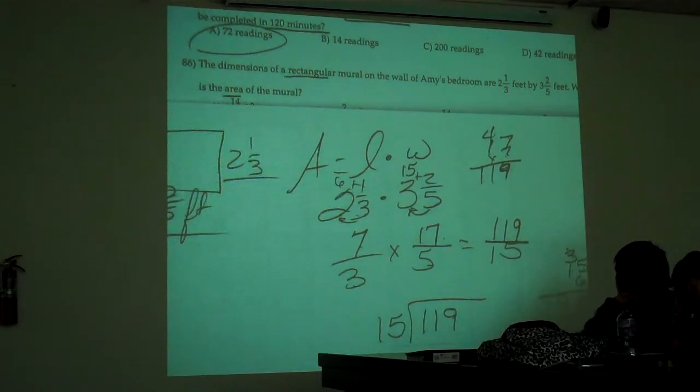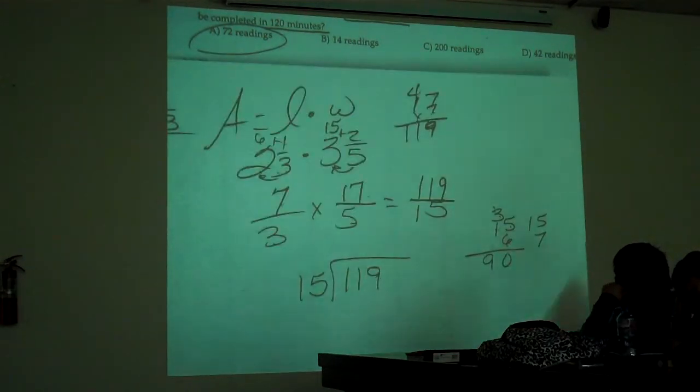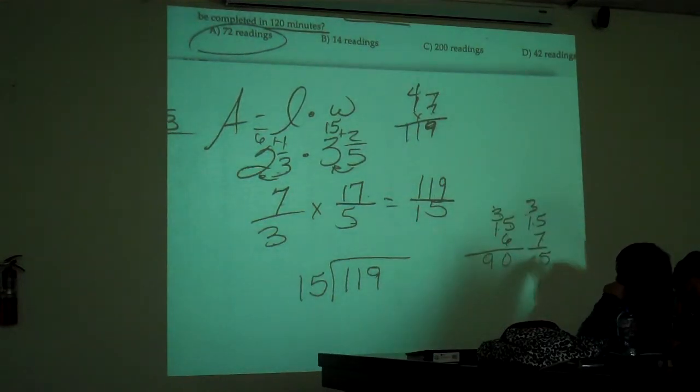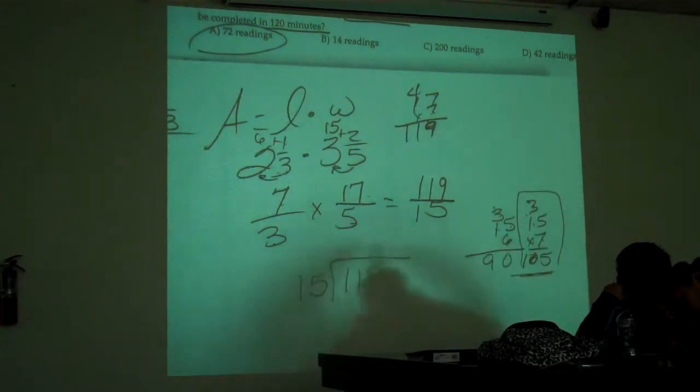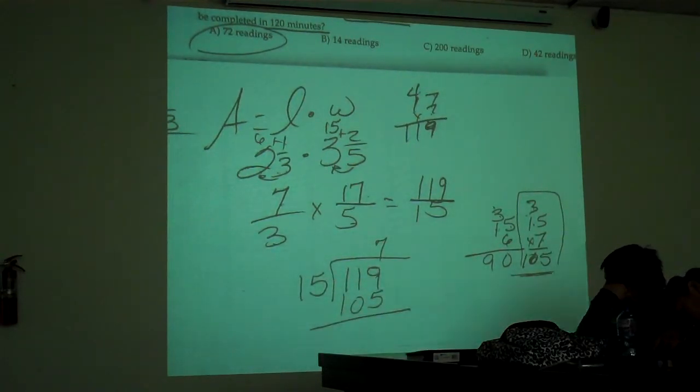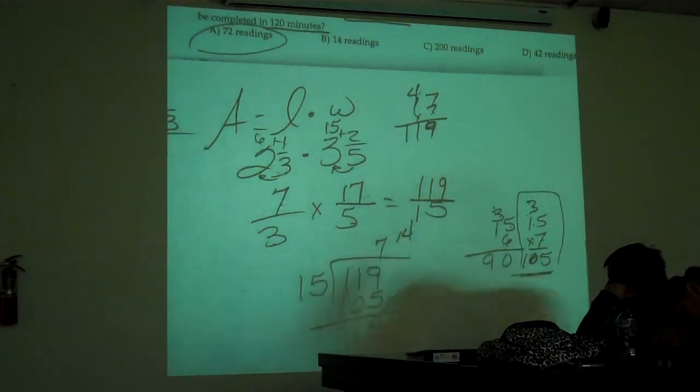Let's do 15 times 7. 105. Okay, we're not going to be able to put another 15. It'll be too much. So 15 times 7 is 105. There's 14 left over. So 14 on top, 15 goes on bottom.